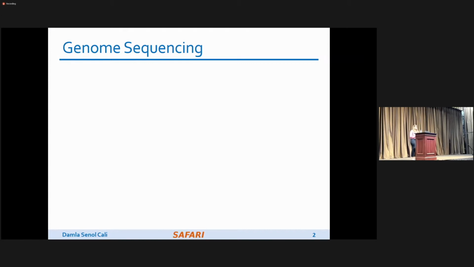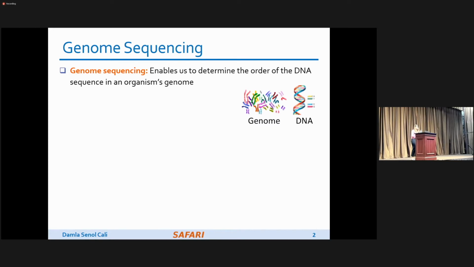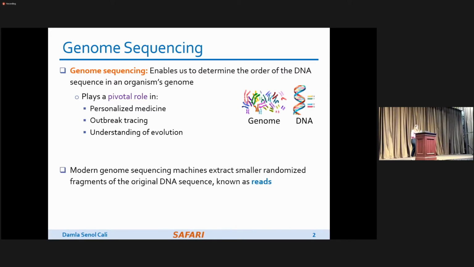Genome sequencing, which enables us to determine the DNA sequence of an organism, plays a pivotal role in areas such as personalized medicine, outbreak tracing like COVID-19, and the understanding of evolution. Modern genome sequencing machines extract small randomized fragments of the original DNA sequence, which we call reads.